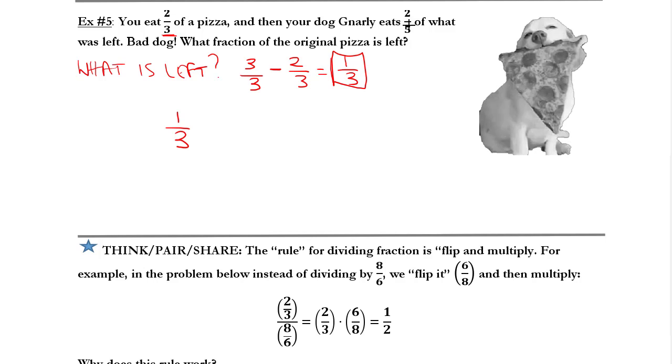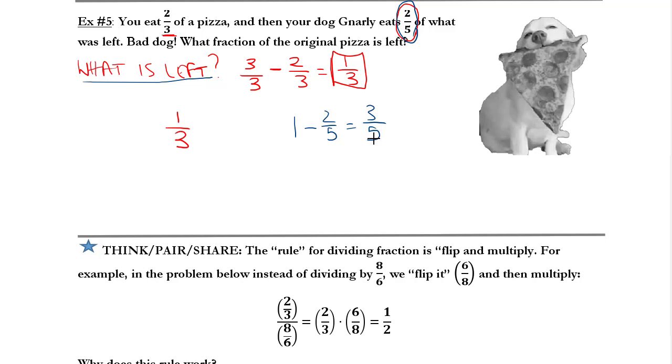Now Gnarly is going to eat 2/5 of that 1/3. So again, we're going to ask ourselves the question, after Gnarly eats 2/5, what is left? If he eats 2/5, then 3/5 of what he ate from is left.